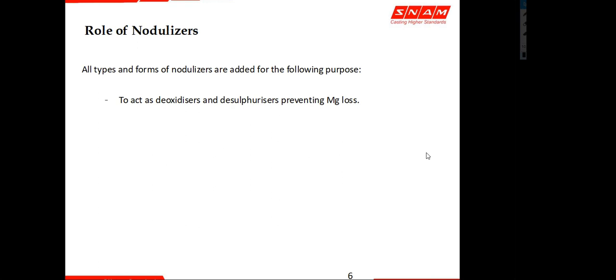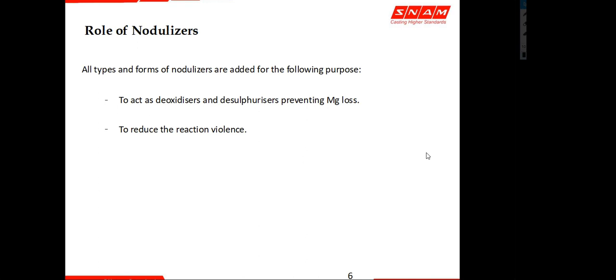Your nodalizing elements or alloy composition should be such that you prevent magnesium from getting lost due to deoxidation or desulfurization. Then, reduce reaction violence. Magnesium is a low melting point element and a lighter element too. When it comes in contact with oxygen and sulfur at a very high temperature, it starts becoming gases and escaping.